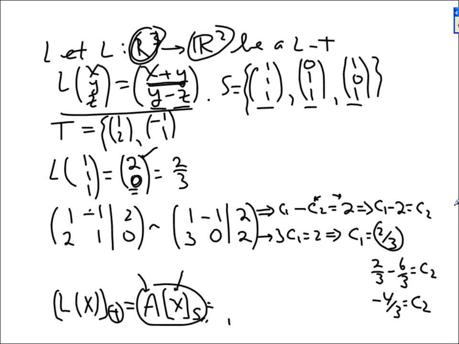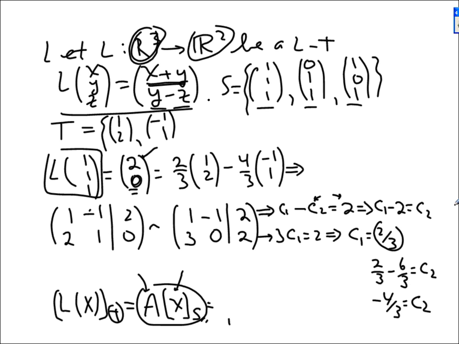This is 2/3 times 1, 2, minus 4/3 times negative 1, 1. That implies that I know the coordinates of this vector with respect to the basis t.